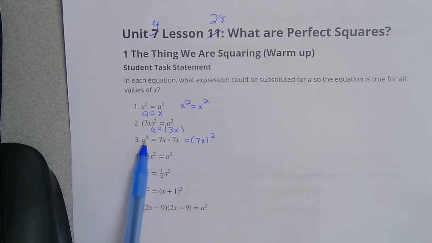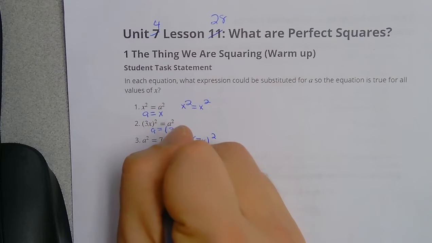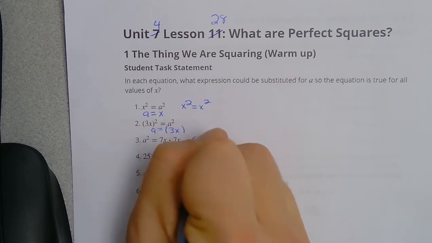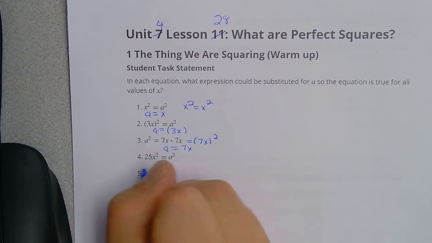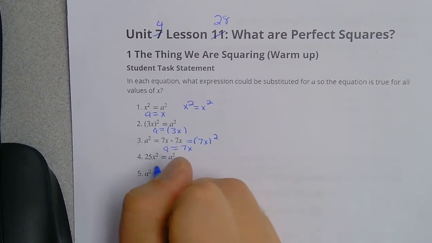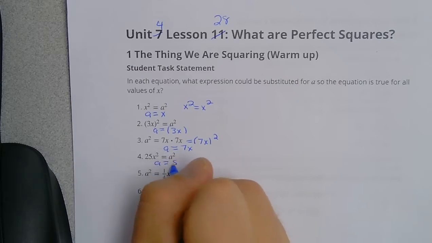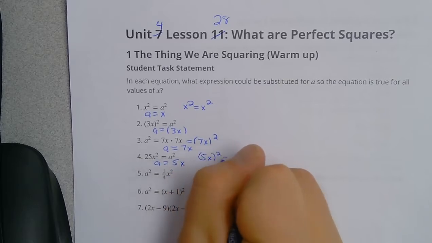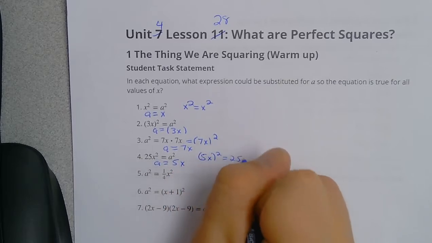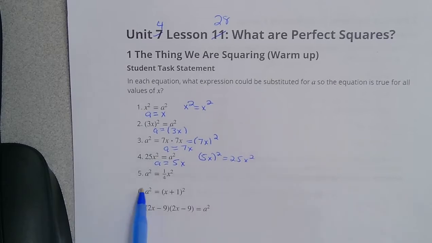So then the base a is going to equal 7x. And then here, if I have 25x squared equals a squared, a is going to have to equal 5x, because if I take 5x and square it, 5 squared is 25 and x squared is x squared.